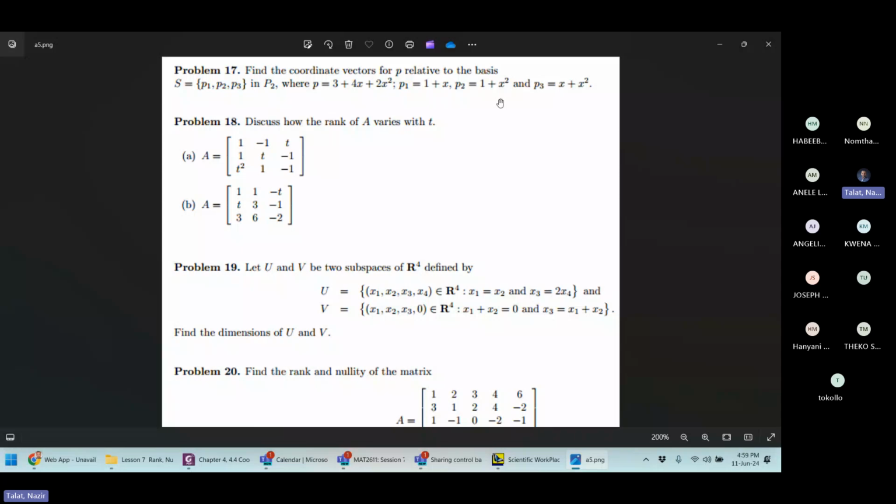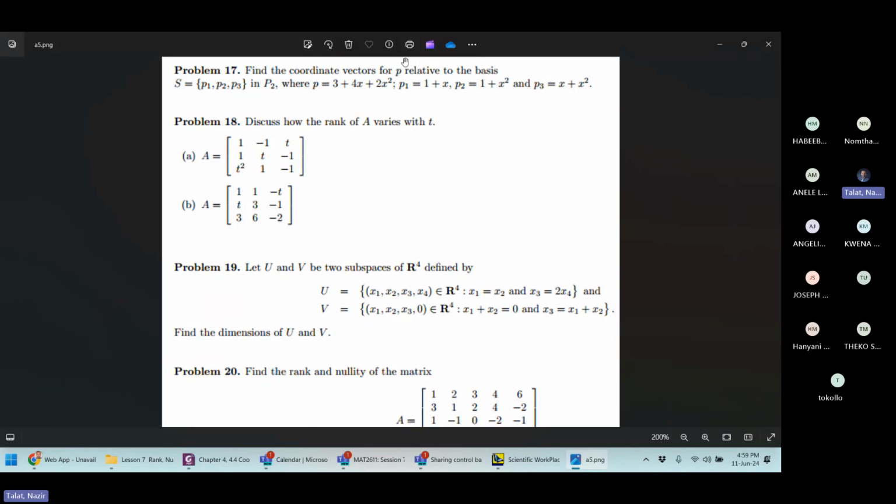Then if you write them separately and take the coefficients of the constant, of x, and of x square, this gives you a linear system, and you need to find the values of C1, C2, and C3. Then if you write these C1, C2, C3 into the form of a column vector, that is actually the coordinate vector of the given vector P.